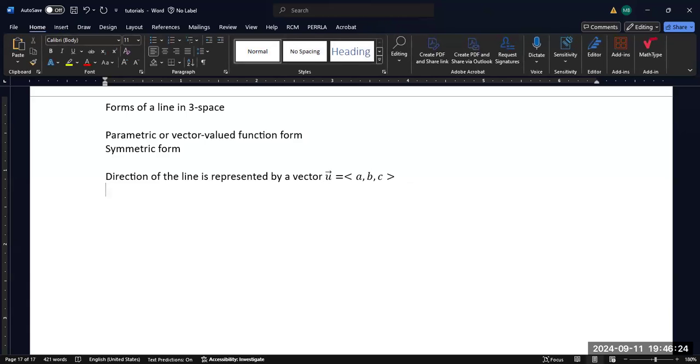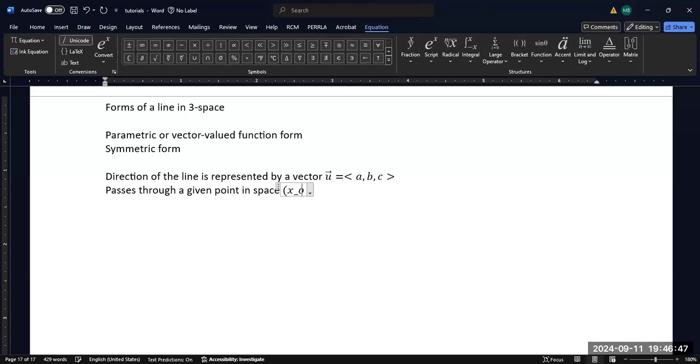And then also that direction is one thing, but we also have to get it to pass through a point in space. Otherwise, there's an infinite number of lines that go in this particular direction. So the point in space, again, formulaically, would be represented as x naught, y naught, z naught.